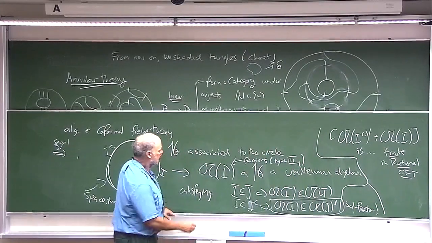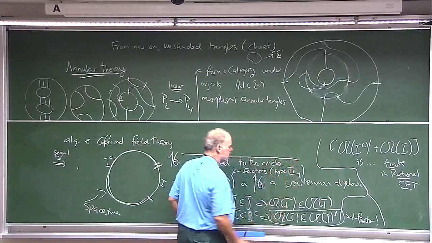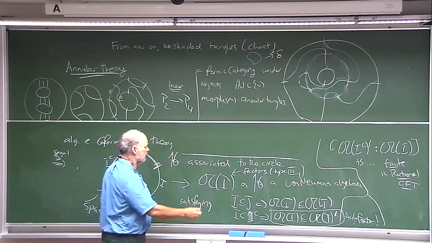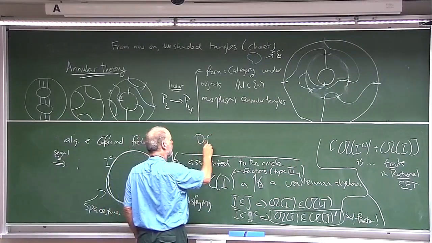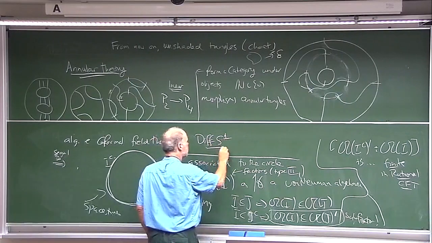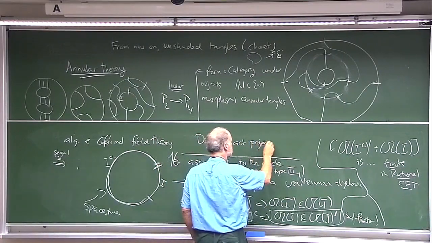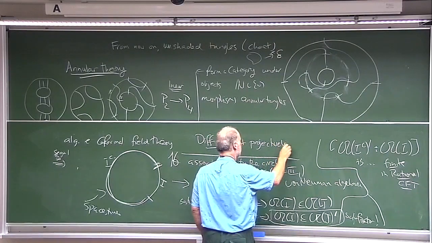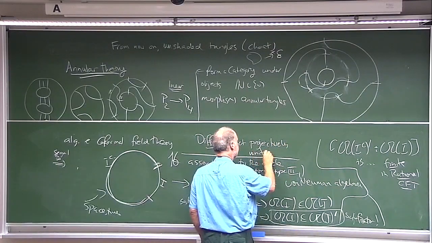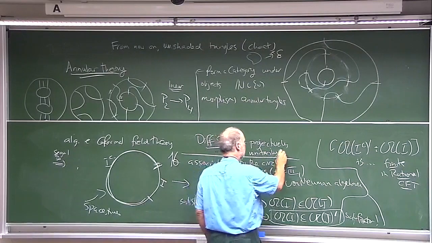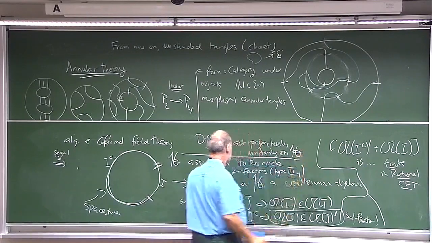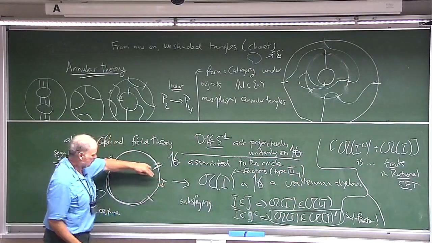And the other thing that makes it conformal field theory as opposed to just any quantum field theory is that Diff S1 is supposed to act projectively, unitarily on H. And it's coherent with these intervals.